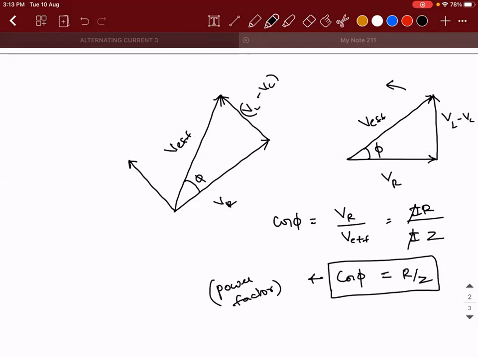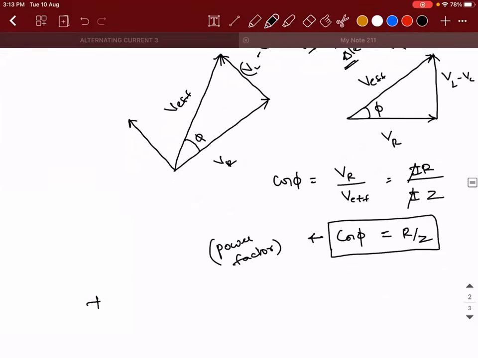And this triangle, I told what it is. It's called as impedance triangle. Right. Similarly, what is the value of tan phi? So tan phi is equal to VL minus VC divided by V effective. So what is VL?